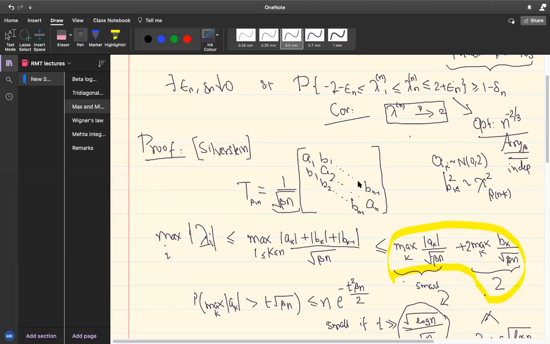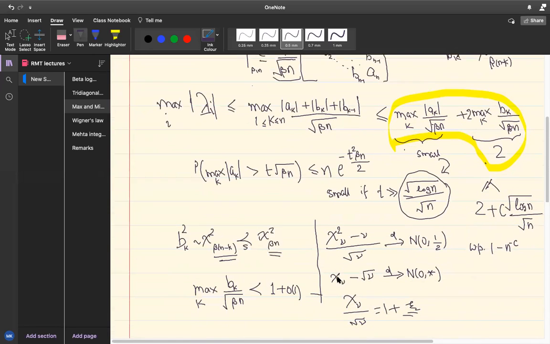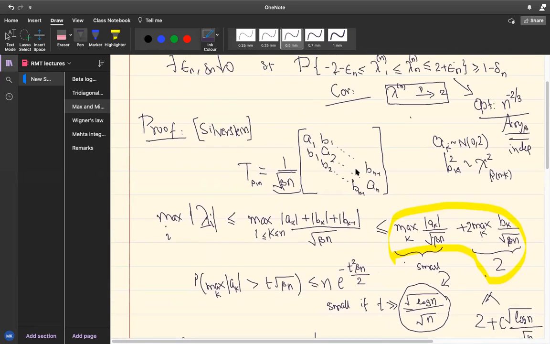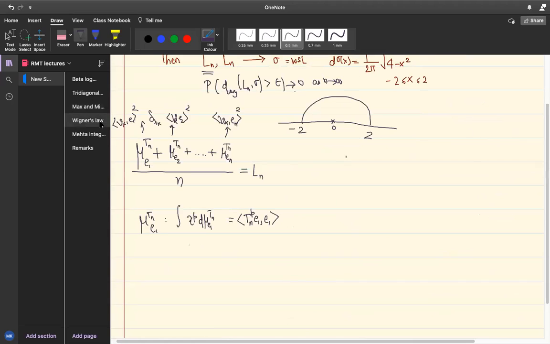What about b_1, b_2, b_k? So b_k is approximately, by what we did earlier, a chi nu random variable behaves like square root nu. So b_k for all purposes is like square root of beta times n minus k. When you divide by this, it looks approximately like square root of n minus k over n. So I will make an approximation and say that T_n is approximately this matrix, which will simplify my life.